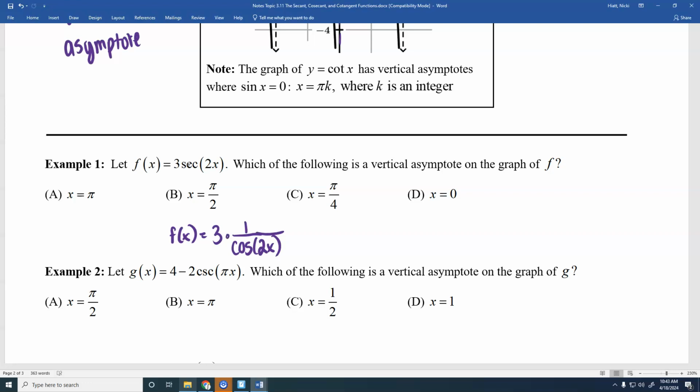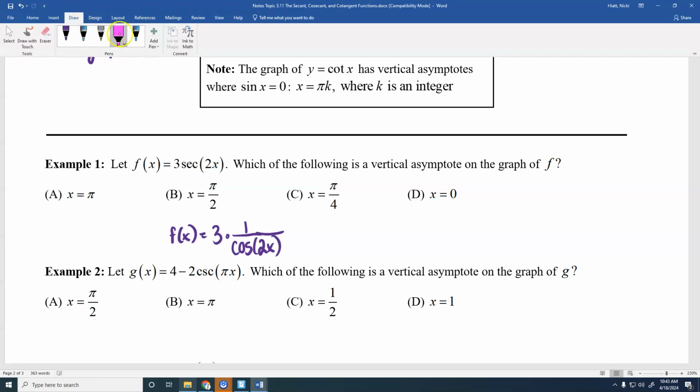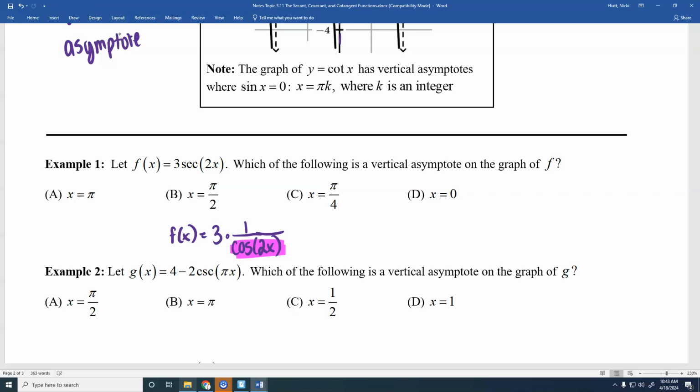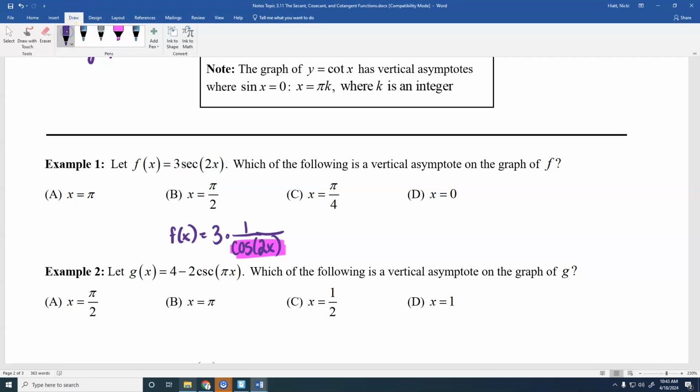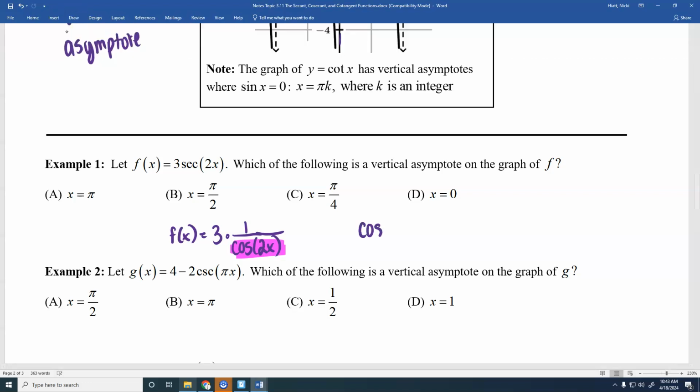It is not going to change anything about where our asymptotes are in the graph. So we don't have to think about that very much. But I know that if the denominator of this function equals 0, then I'm going to have a vertical asymptote at that point. So the way I like to think about this is I think about where cosine of 2x equals 0.